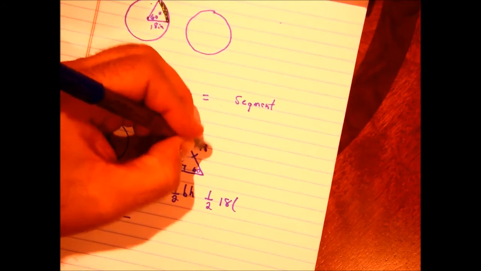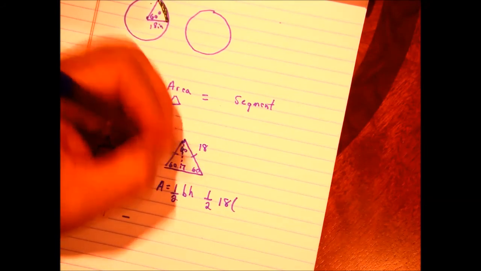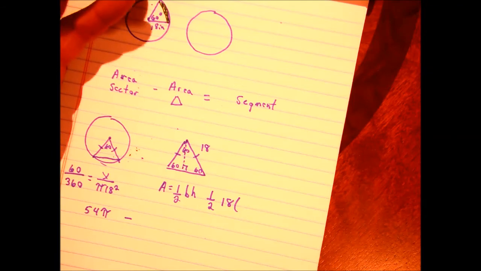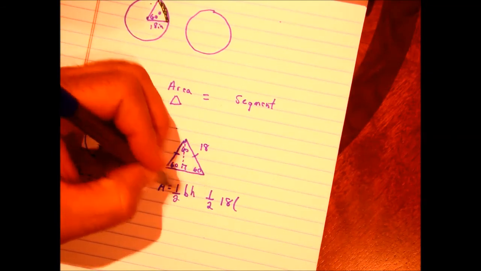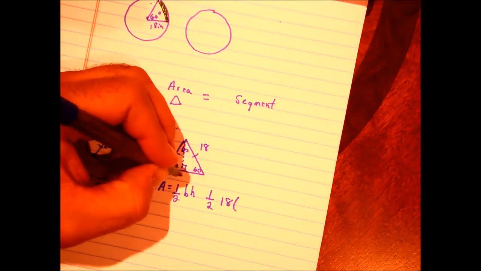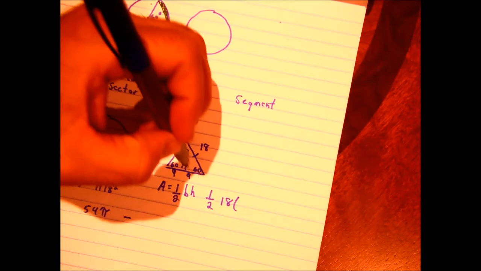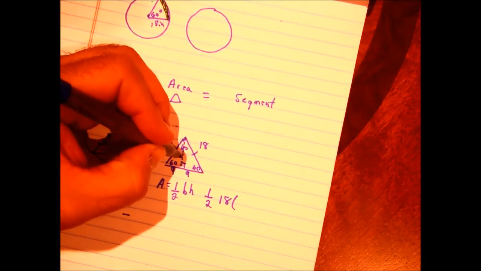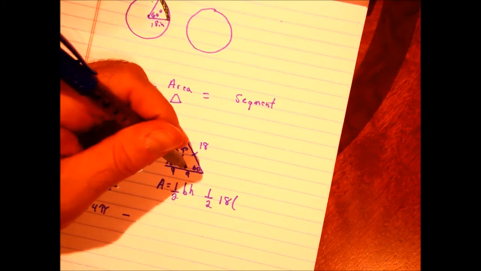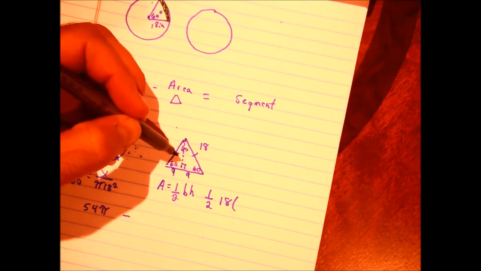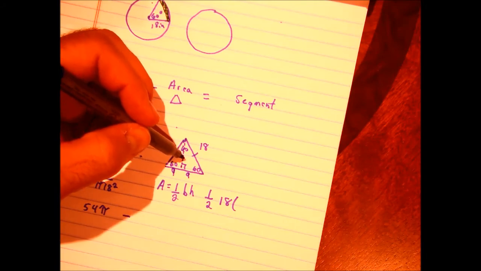I know this side is 18, and I drew an altitude. I didn't draw an apothem. Now you could have, but you're going to make it harder on yourself. I drew an altitude this time, and I split this side to 9 and 9. I have two sides of the right triangle. I can use the Pythagorean theorem to find this altitude, otherwise known as height. I know if I go up, it's 9 times the square root of 3, right?